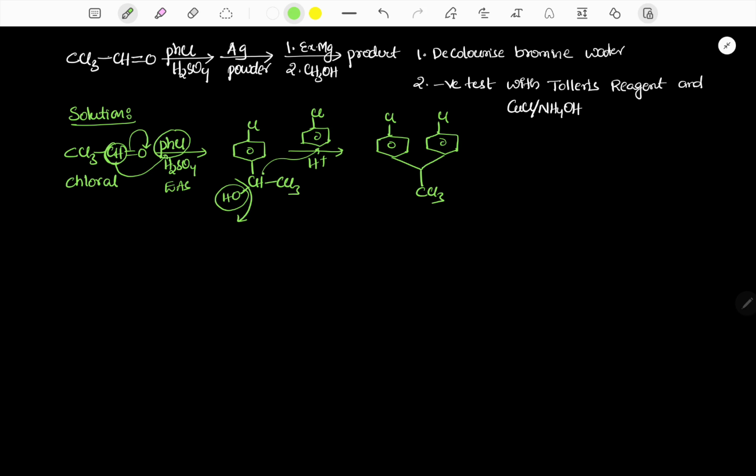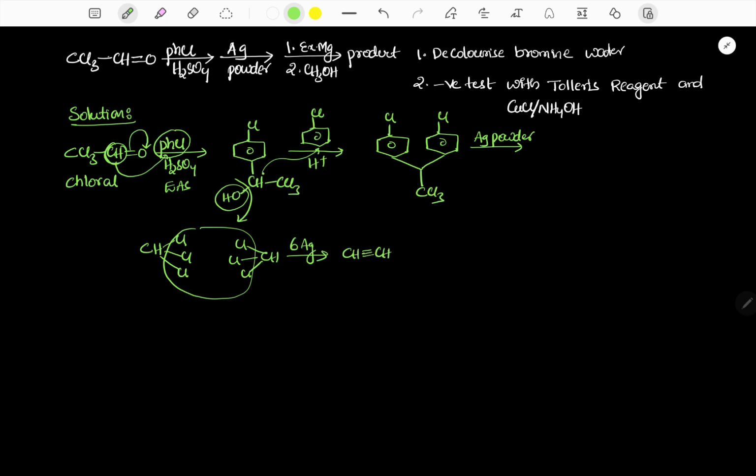Now it is treated with silver powder. In the previous classes we have seen a reaction where chloroform treated with silver powder reacts with 6 moles of silver powder, loses AgCl like a Wurtz reaction, and forms the corresponding alkyne.